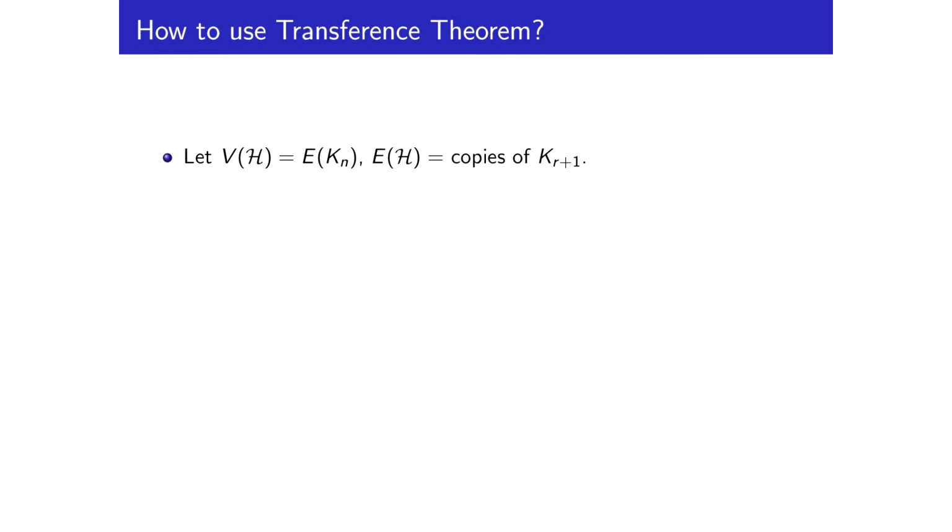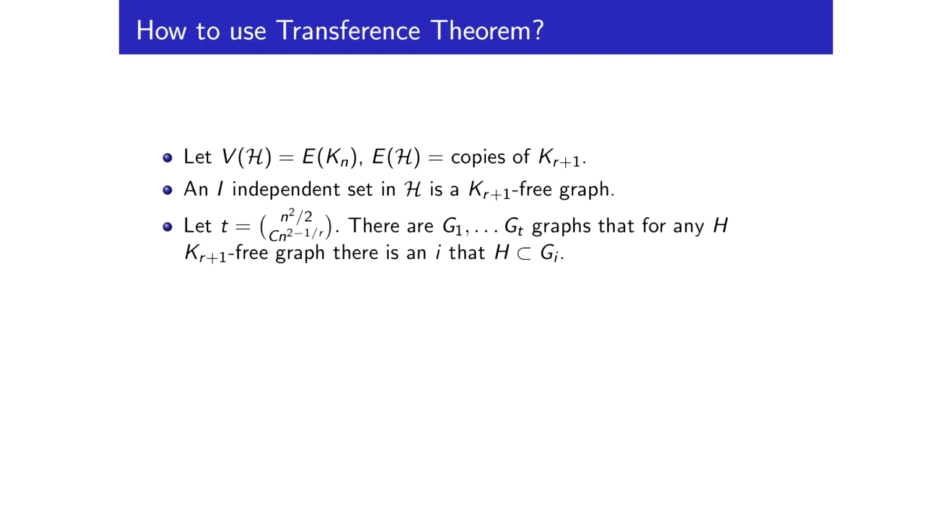The sketch of proof, I'll describe how to use it. Let's say in this K_{r+1} example, the vertex set is the edge set of the complete graph. The edge set are the copies of the K_{r+1}s. So an independent set is a K_{r+1}-free graph.